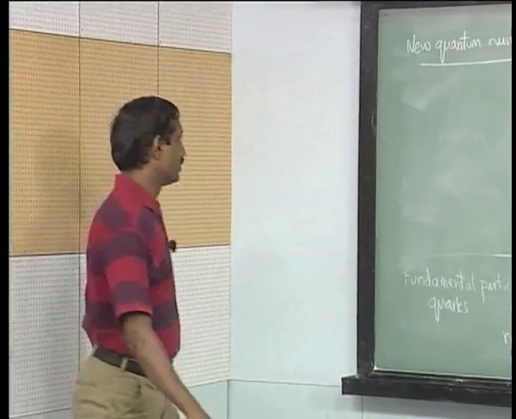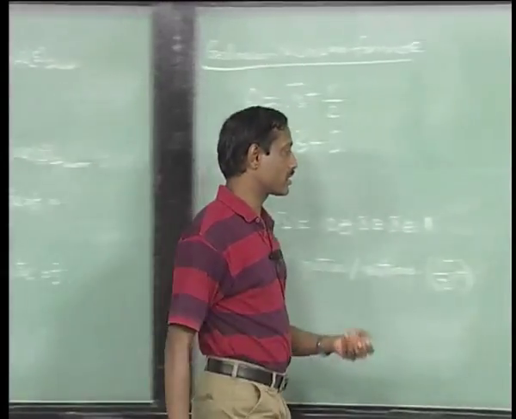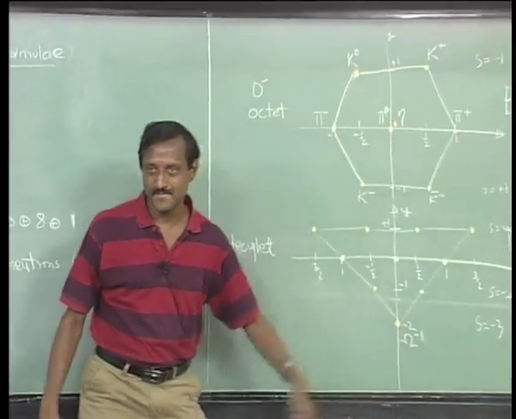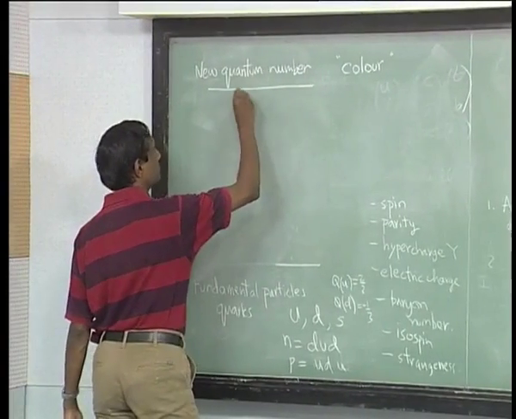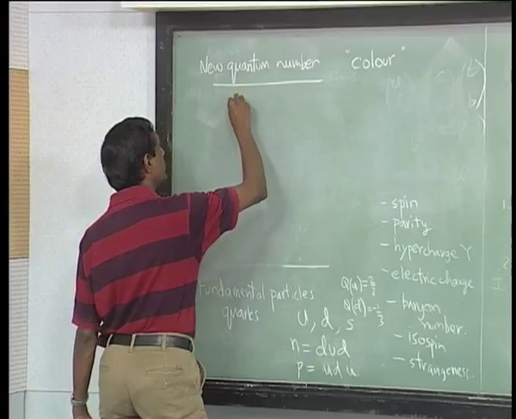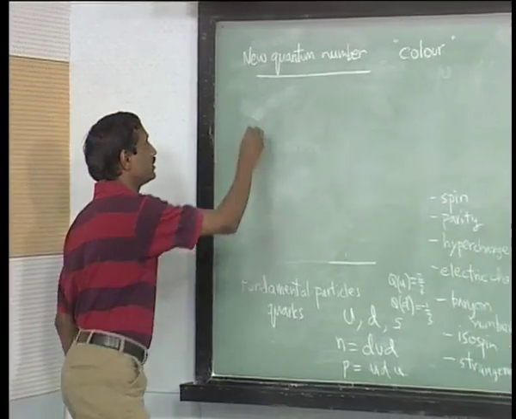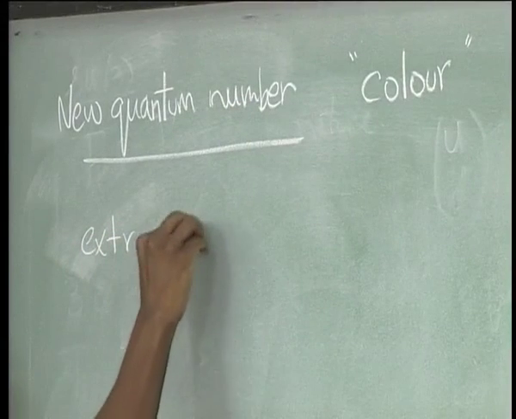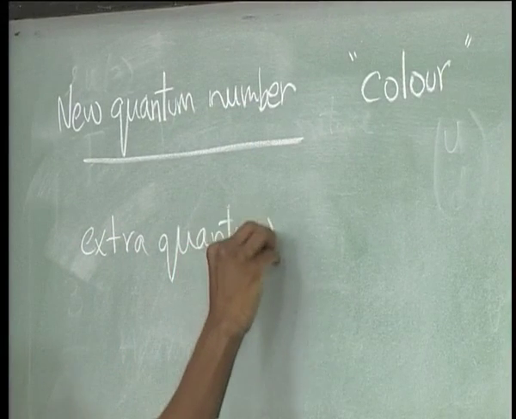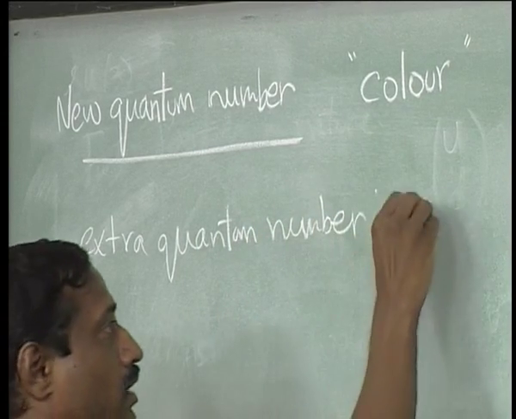So the minimum number you would require is at least 3. The extra quantum number is another SU3.